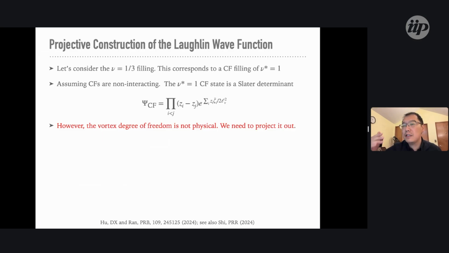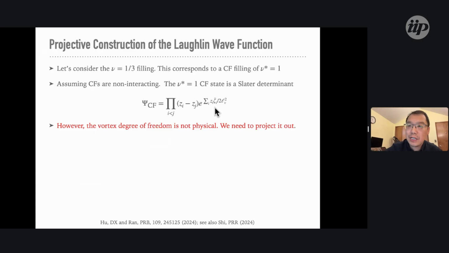If you consider an n-electron system to begin with, you should have n coordinates. But I also have a vortex coordinate zeta here, which means I will have n electron coordinates and n vortex coordinates. Okay, so now you can clearly see that the Hilbert space has been enlarged. But an enlarged Hilbert space is actually not a problem, and we just have to be careful and project out those unphysical degrees of freedom.